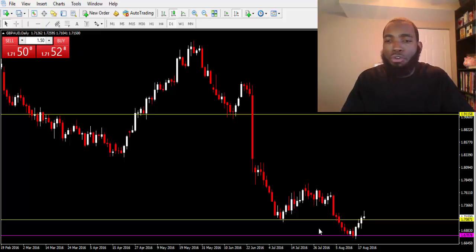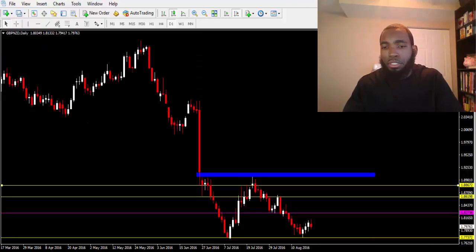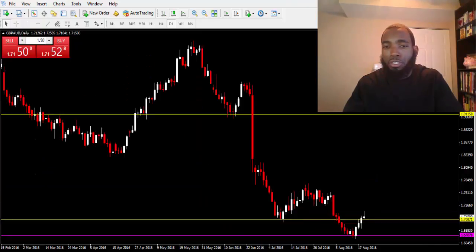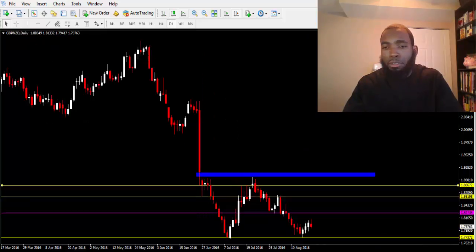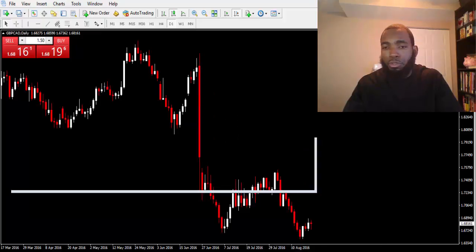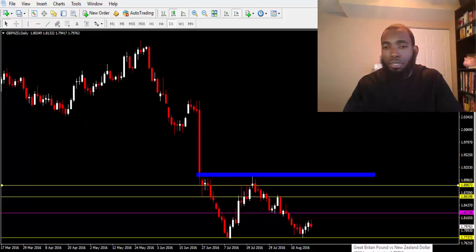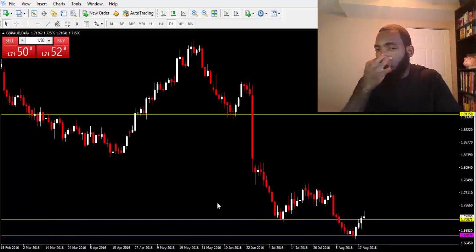Alright, so if you have your eagle's eye tuned in, you should be able to see the resemblance from one pair to the other. The GBP pairs are pretty much doing the same thing. Some a little slower than the others, but you will notice that they're pretty much doing the same thing. They're bouncing off of a level. So that being said, you guys could certainly find a way to make some profit.